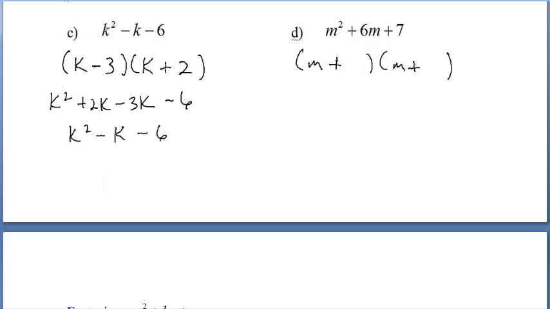Now we look for the factors of a positive 7 that add to a positive 6. The factors of positive 7 would be 1 times 7. And when you add those together, it gives you 8. So there are no factors of positive 7 that add to a positive 6. So this would be a prime polynomial.